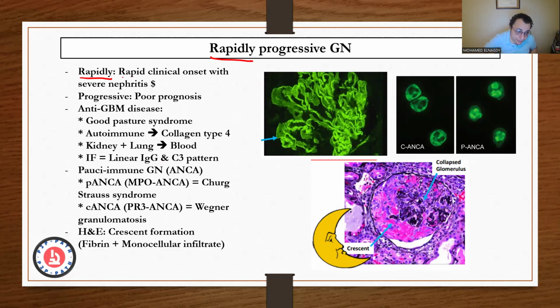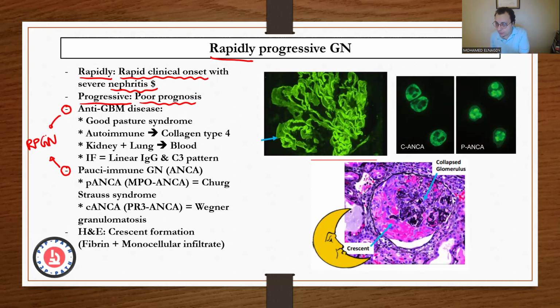So it's a rapid clinical onset with severe nephritis or severe nephrotic syndrome, and very progressive. It usually has a poor prognosis and progresses rapidly to acute renal failure. It includes two entities, both of them lead to the same outcome, which is rapidly progressive glomerulonephritis.